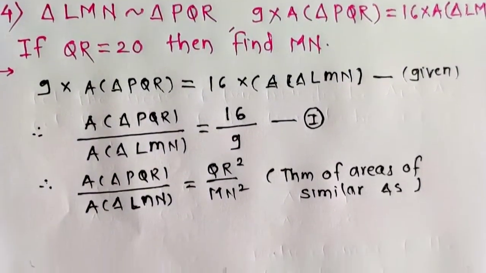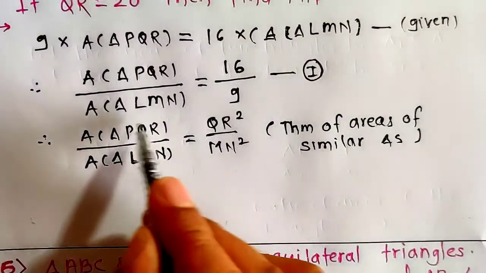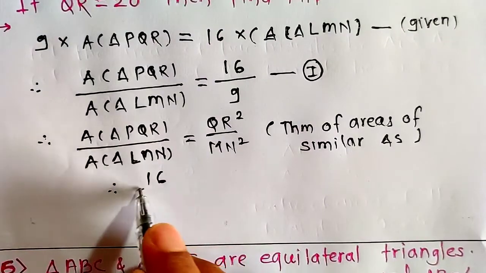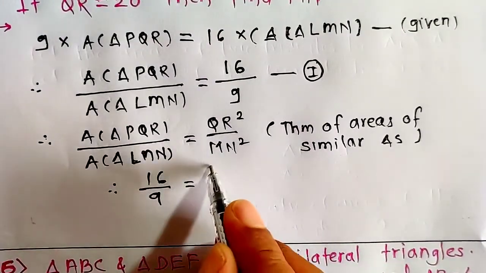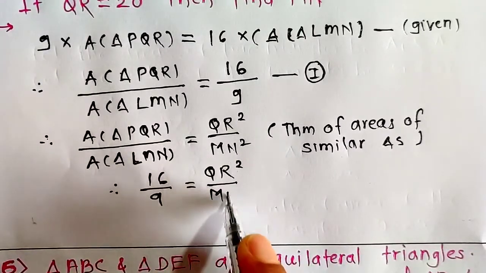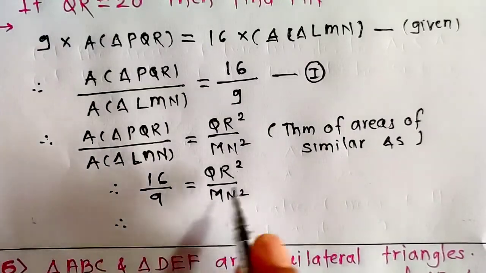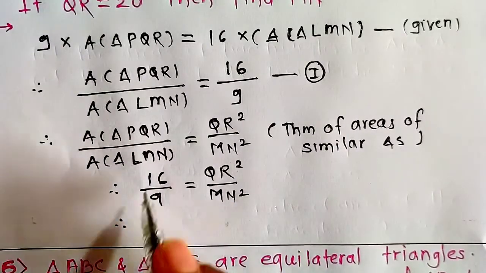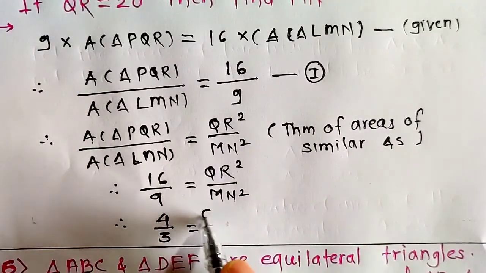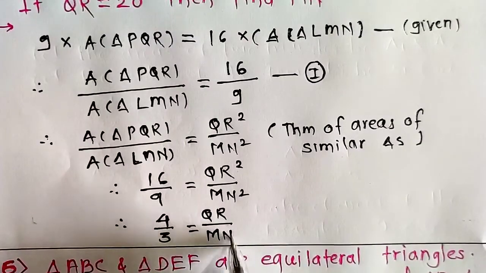Now from 1 we have to substitute this value of area. This value from 1 is 16 by 9. Therefore 16 upon 9 is equal to QR square upon MN square, and therefore by taking roots of both sides we get 4 by 3 is equal to QR upon MN.